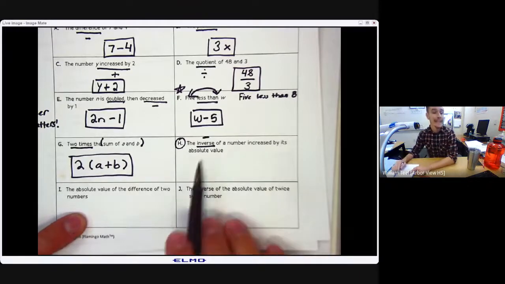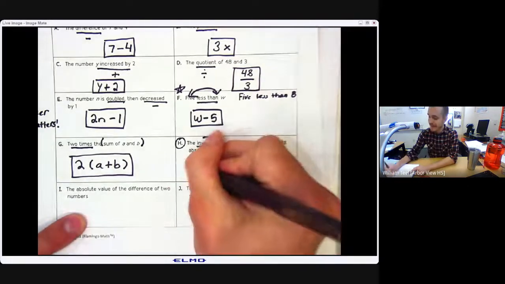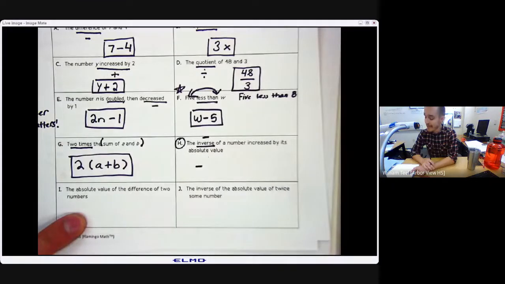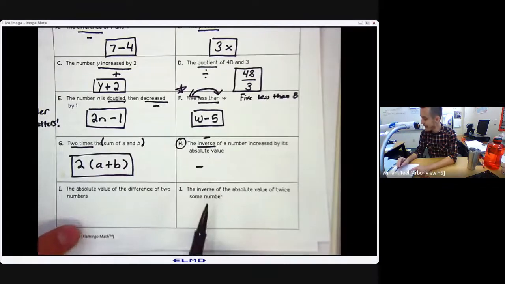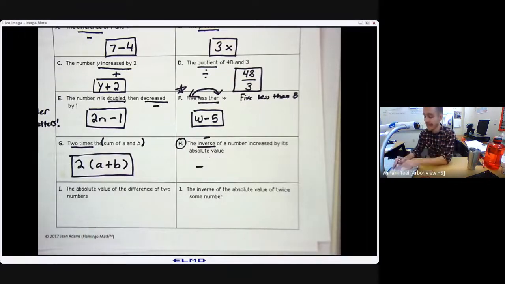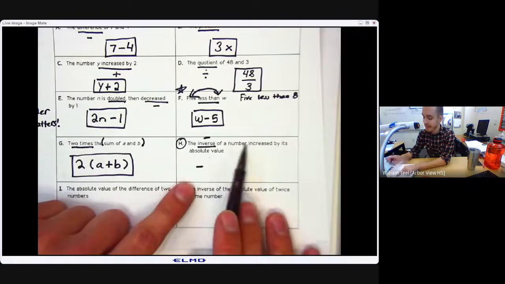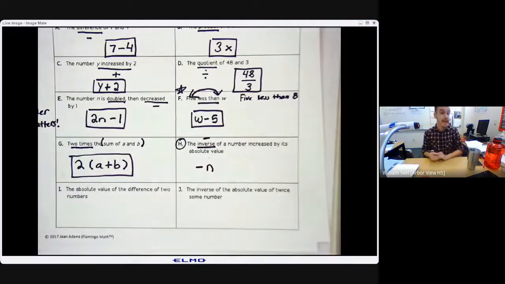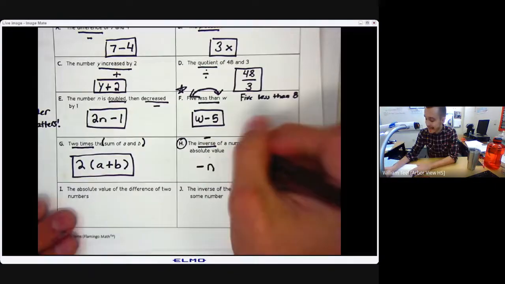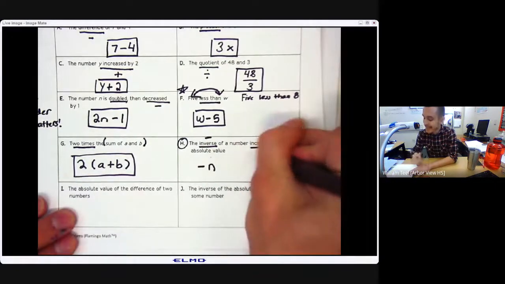So we're looking at the inverse, so the opposite of a number increased by its absolute value. So since I am looking here at a couple of different things, first of all, the inverse of a number is going to be inverse of a variable, let's just say n, okay? Now we're increasing this. Increasing means we are adding something to it.